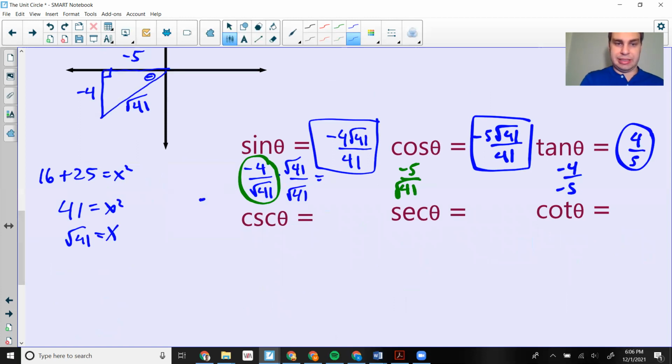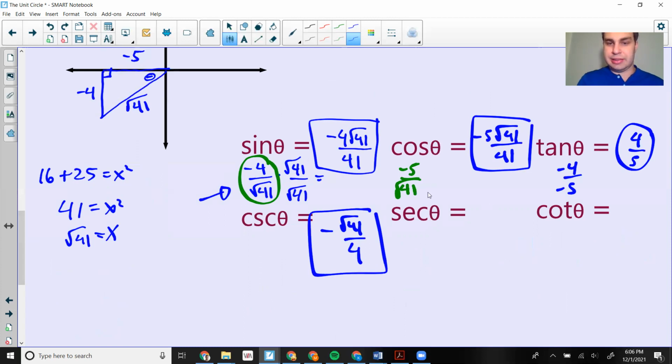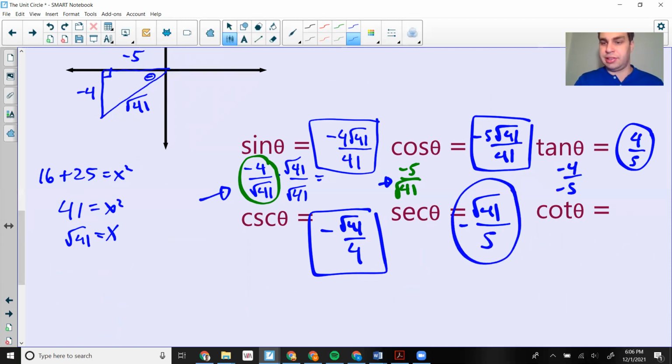And so this one, I think it'd be easiest if I flip this version of it to get me negative square root of 41 over 4 for cosecant. Secant, same thing. I'll probably flip this version, which is negative square root of 41 over 5. And then lastly, cotangent is just 5/4.